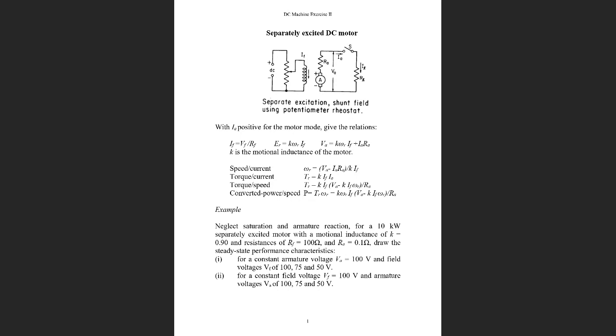K here is an inductive factor, more or less similar to inductance or reactance issues, so here we just call it the motional inductance factor. The product of these three factors, K, the motor rotation speed, and the DC field current, determines the induced voltage.